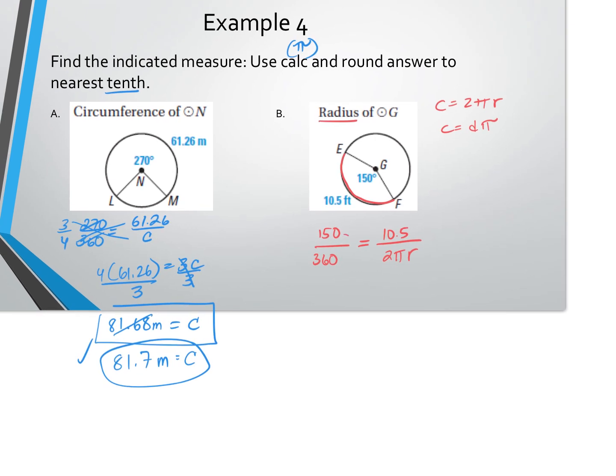So again, I'm going to use my cross products here. So 360 times 10.5 equals 150 times 2 pi r. So let's do the math and kind of simplify that left side. So the left side is 3,780, and the right side is going to be 150 times 2, that's 300 pi r.